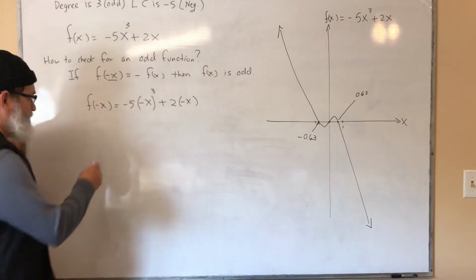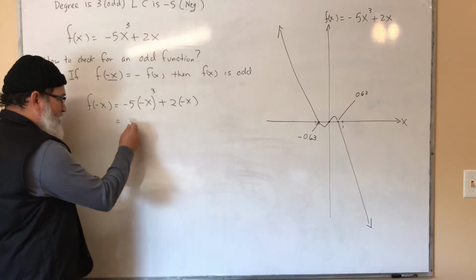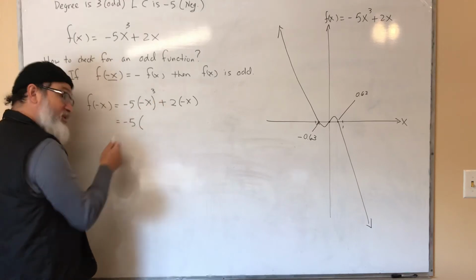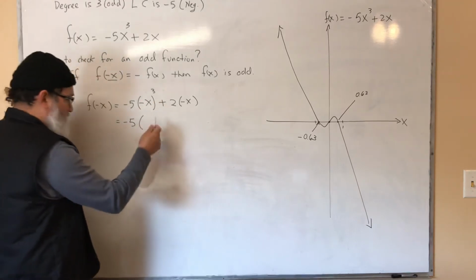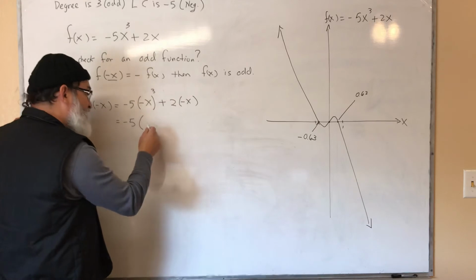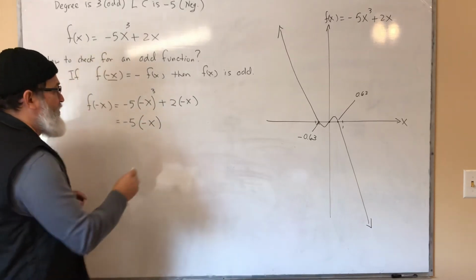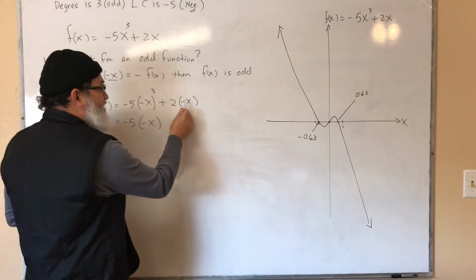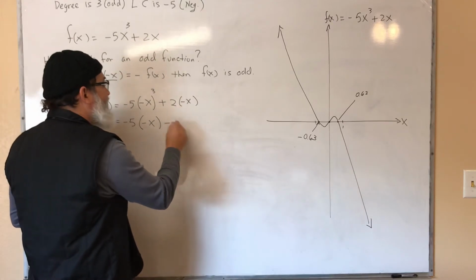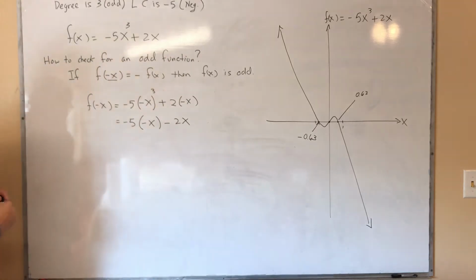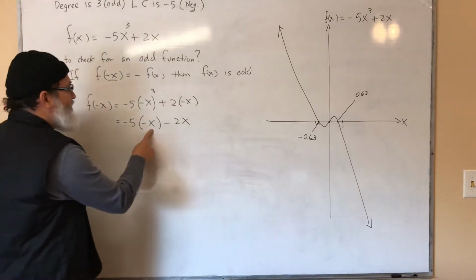Okay, so here we go. Negative 5. Anybody know what negative x to the third is? What's negative x to the third? Negative x to the third is negative x to the third. What's 2 times negative x? Negative 2x. What's a negative times a negative?